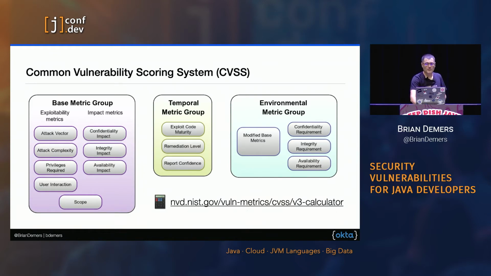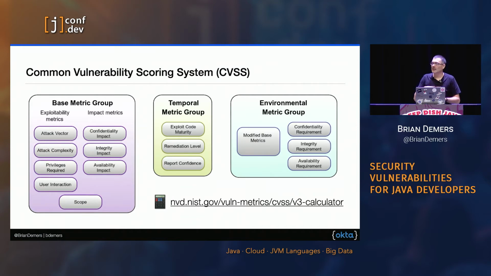But in general, over on the left here, we have the base metric group. So those are things that are consistent over time and environment. So the exploitability represents the thing that's vulnerable, and the impact represents the result of the vulnerability. So if you can get a shell from the result of an issue, that's the impact. The thing in the middle is the temporal metric group. I feel like I'm time traveling maybe, I don't know. But these are the things that change over time but not environment.